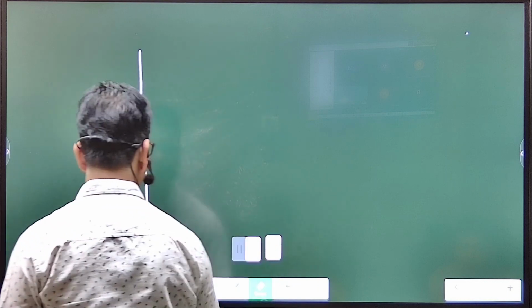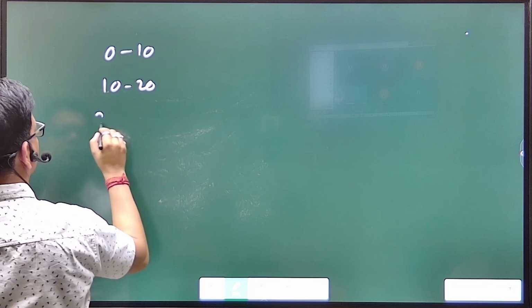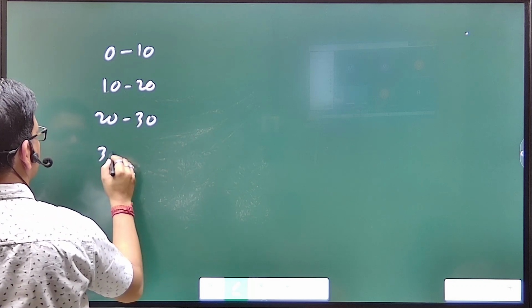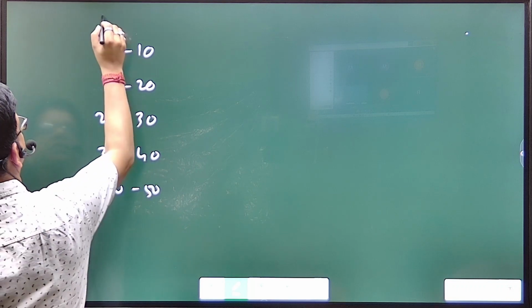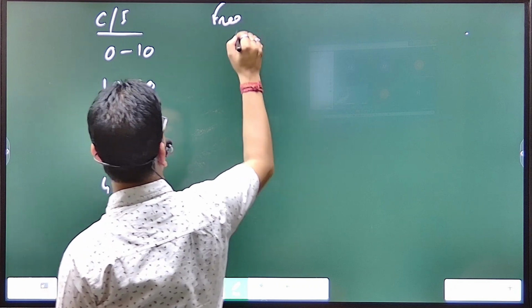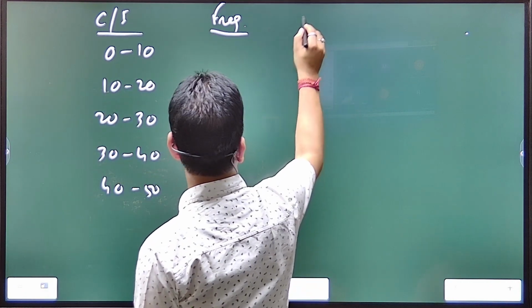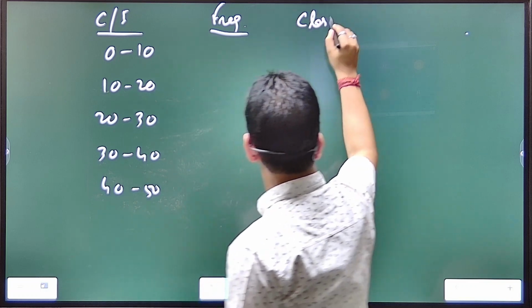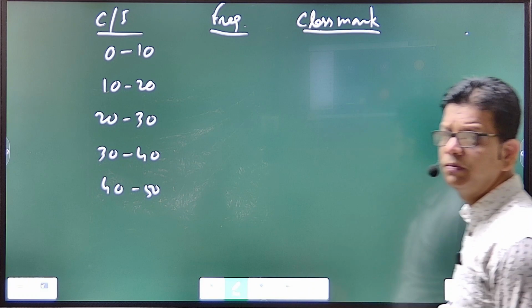Try to understand, this last one is a little difficult. 0 to 10, 10 to 20, 20 to 30, 30 to 40, 40 to 50. So these are intervals, class intervals, yes or no? These are frequencies, and then these are class marks. Do you remember how to find class mark?